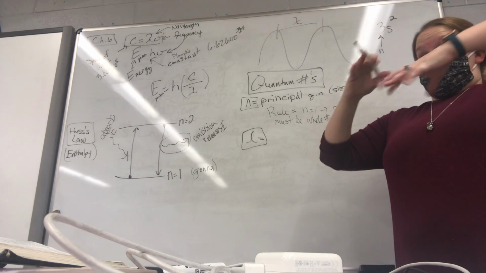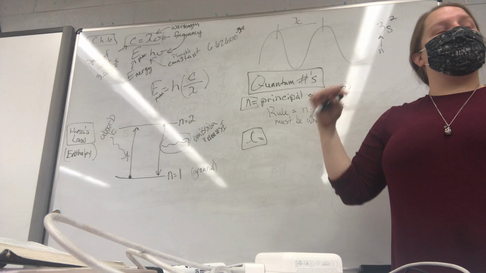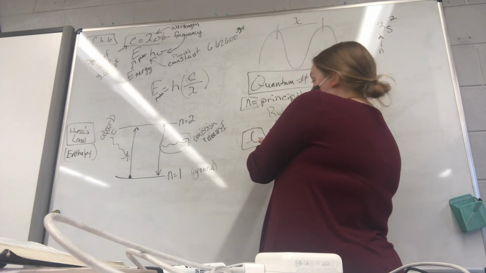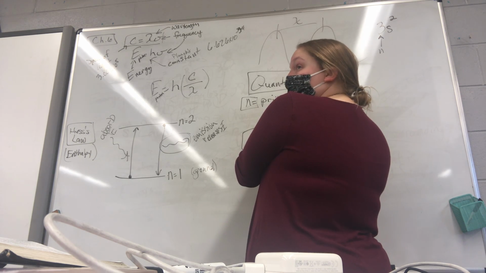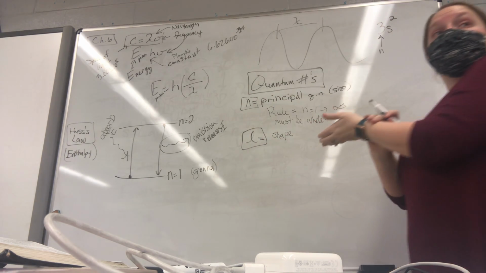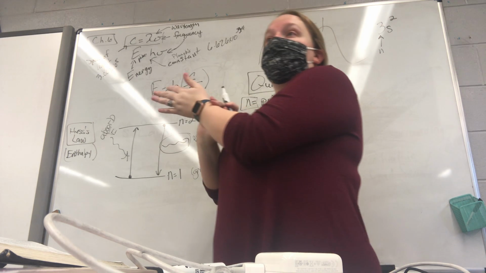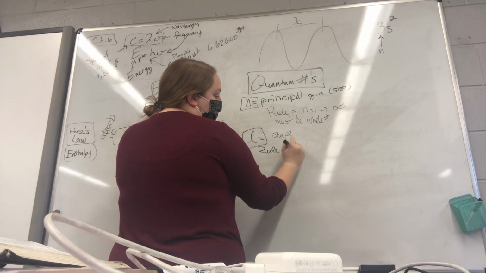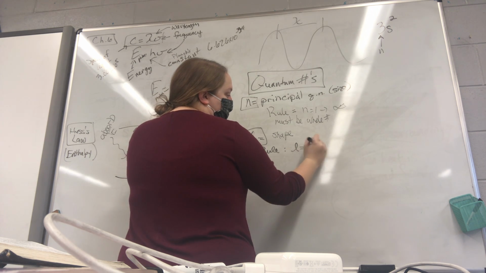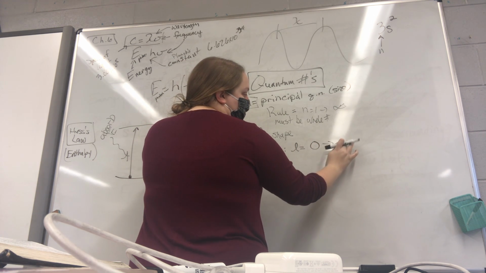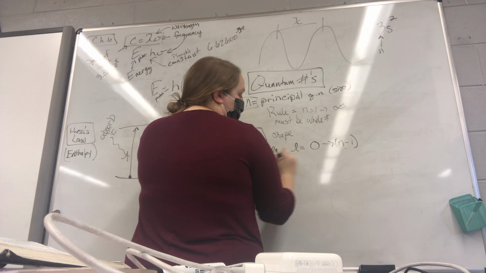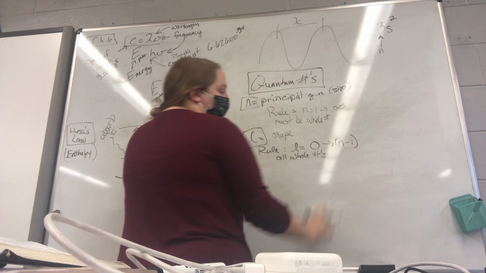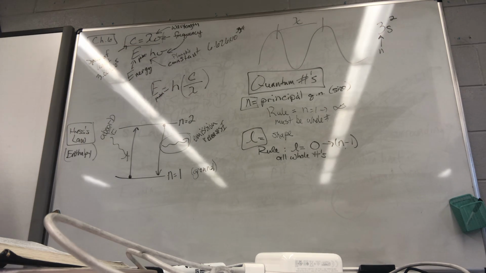What does L indicate? I don't really care about the name of it. I think it's the angular momentum, whatever. What does it tell us? The angle. It tells us shape, right? L gives us a number that indicates s, p, d, f.